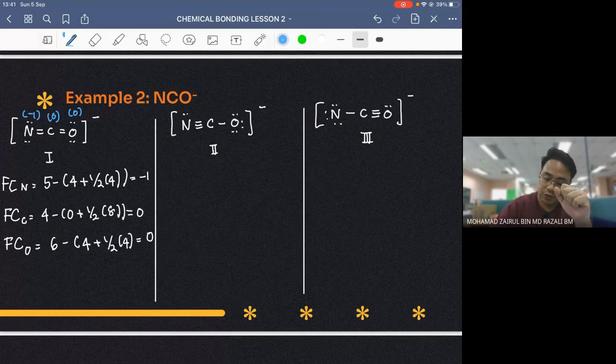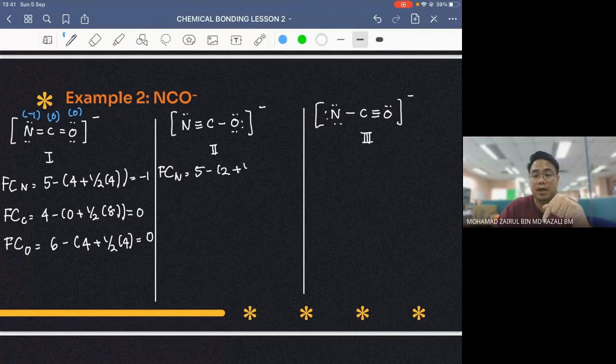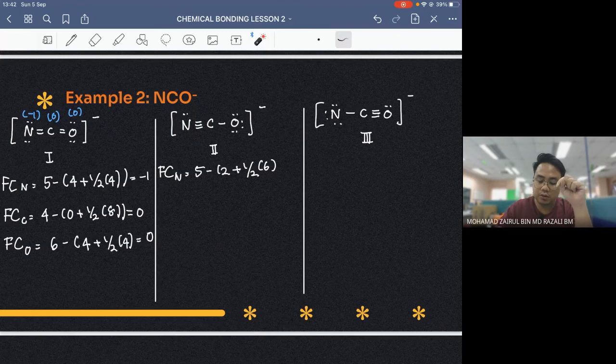So calculate the formal charge for nitrogen. Okay, 5 minus 2 plus half 6. Why 6? Because if you look at the nitrogen, we have a triple bond. If there is a triple bond, it means there are 6 bonding pair electrons.